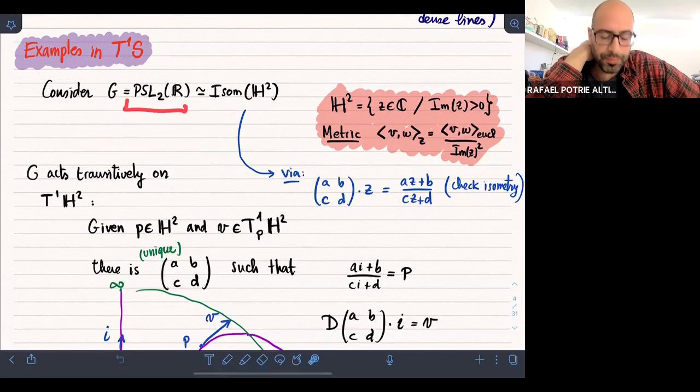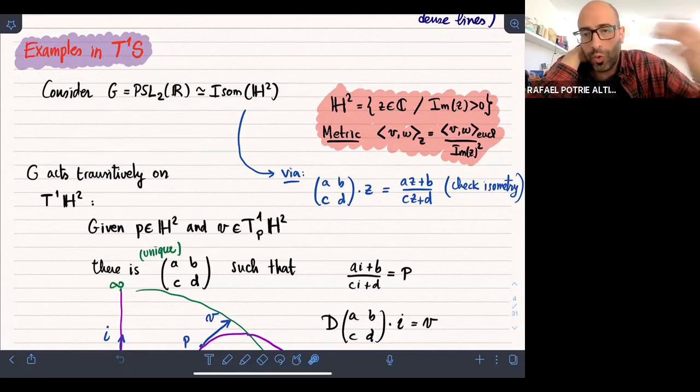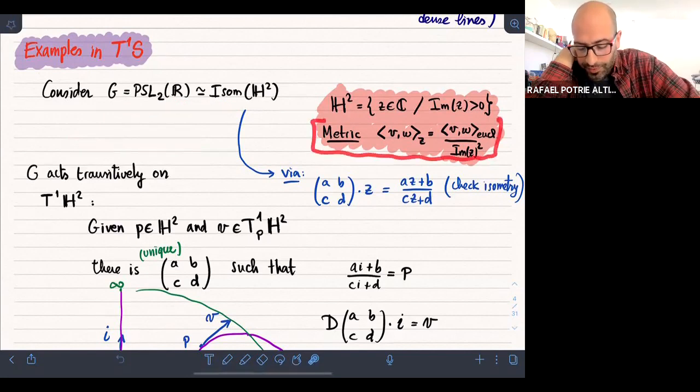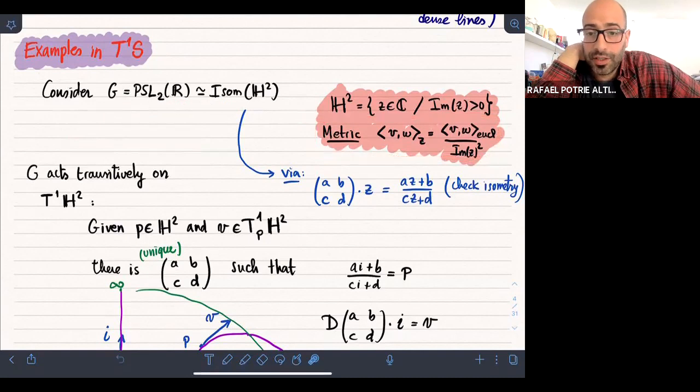If you have a 2x2 matrix with determinant 1, up to identifying identity and minus identity, you get a Möbius transformation of H2, which preserves H2. You can check that it preserves this Riemannian metric, and you can check it's constant negative.